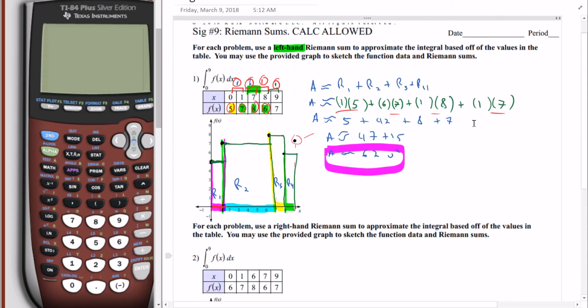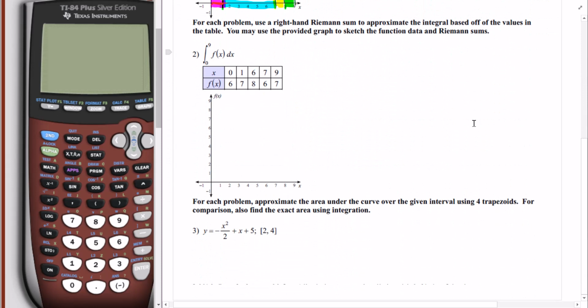And so, okay, next one is we're going to use a right-hand Riemann sum to approximate it. Let's go ahead and graph these points again. Okay, those are those, and I like to draw these lines coming down so you can see where they go to.